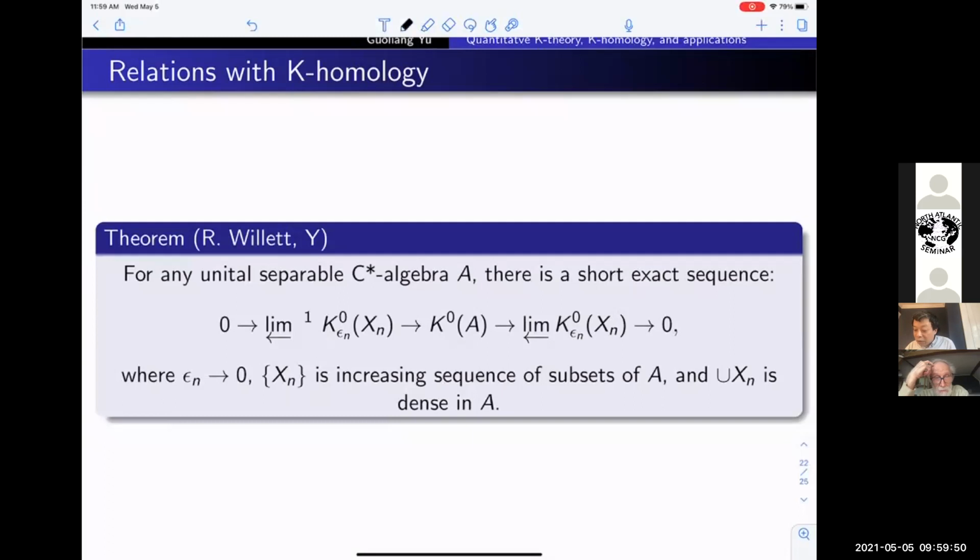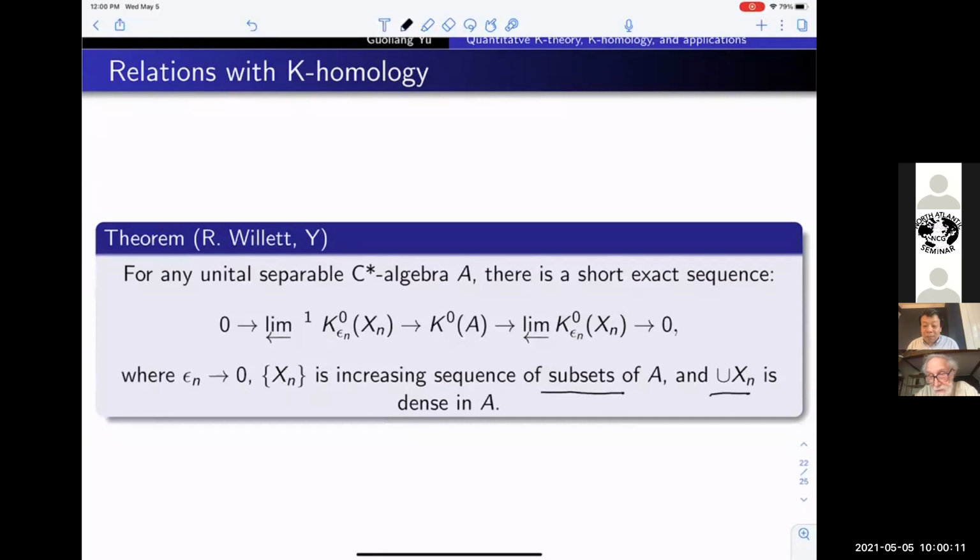All right, so now how is this related to the K-homology of a general C*-algebra? You can just take an increasing sequence, or even just finite subsets, so that the union is dense. Excuse me, may I ask a question? Yeah, sure.